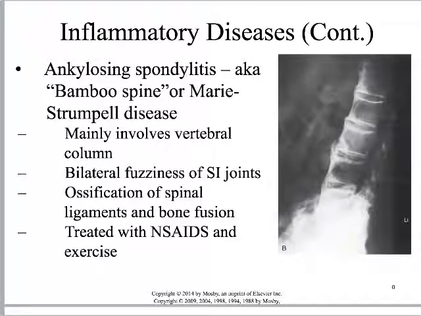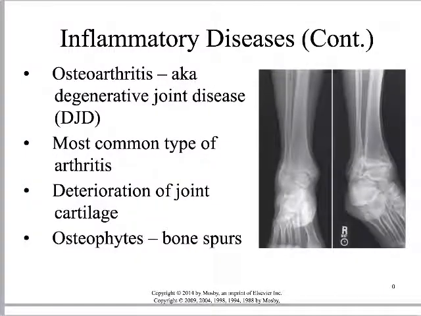But if you're wondering what you're looking at here, what you're seeing is a demineralization of the vertebral bodies and ossification of the joint. It's almost as though there's just this uniform bone now forming the entire vertebral column. Even though we have ossification of the joints, the spine itself is going to become more brittle, right?